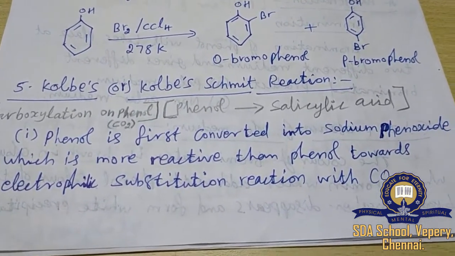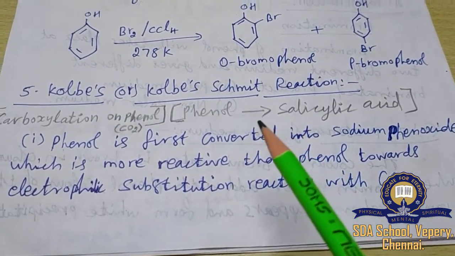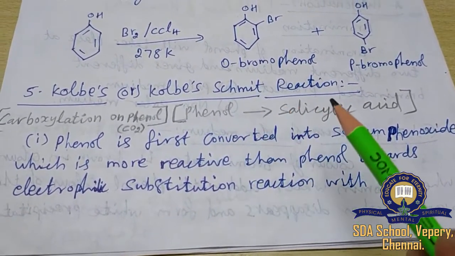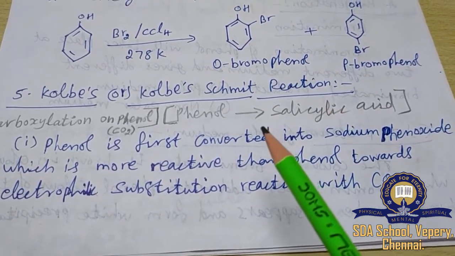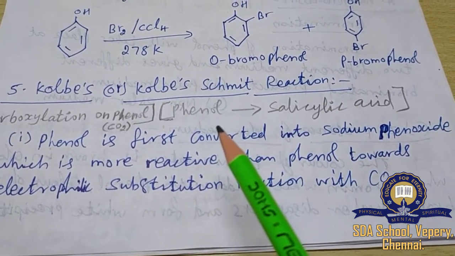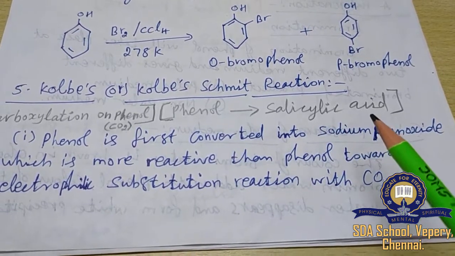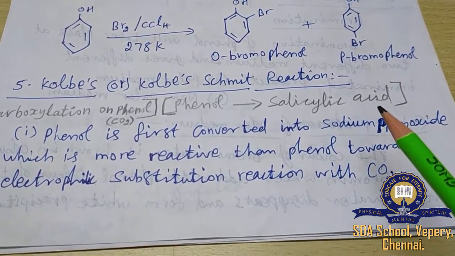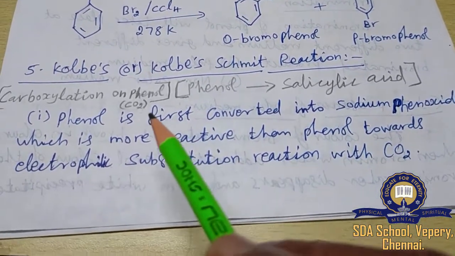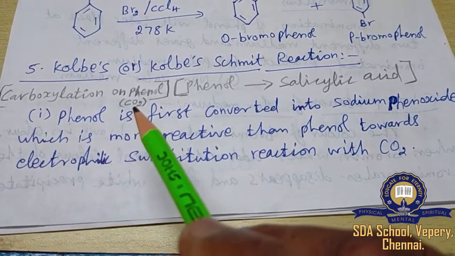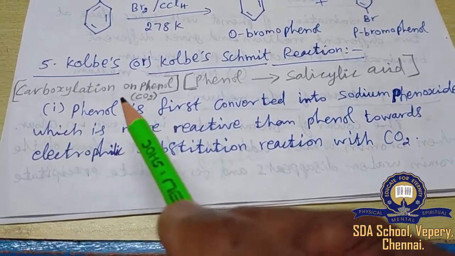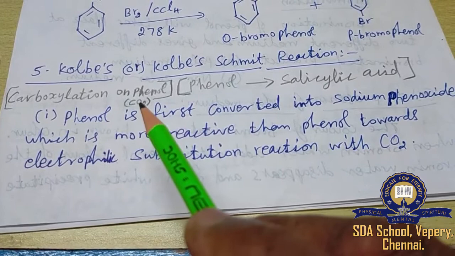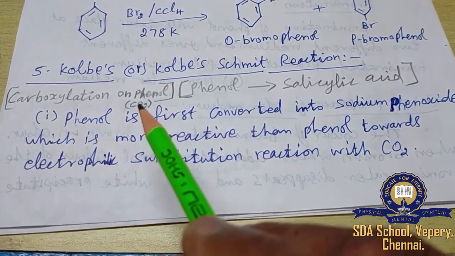Next we move to Kolbe's reaction or Kolbe-Schmitt reaction. This is the reaction of phenol to salicylic acid conversion. That means the addition of carbon dioxide on phenol, that is called carboxylation of phenol. So mind it carefully.